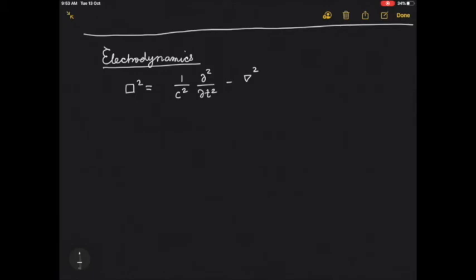So all that I have to do now for the case of electrodynamics and Lorentz gauge is that the problems in electrodynamics in Cartesian will look like the following.